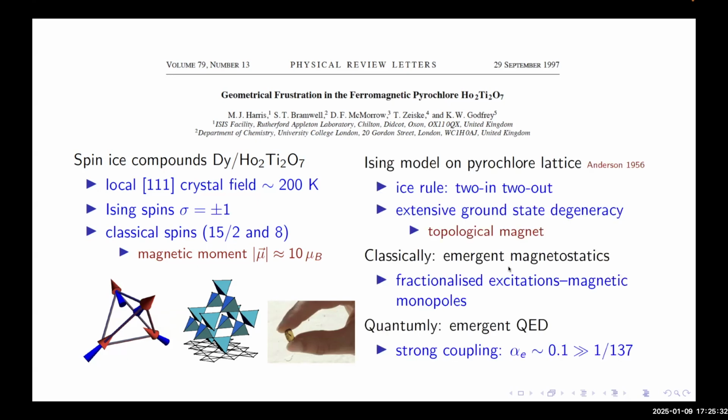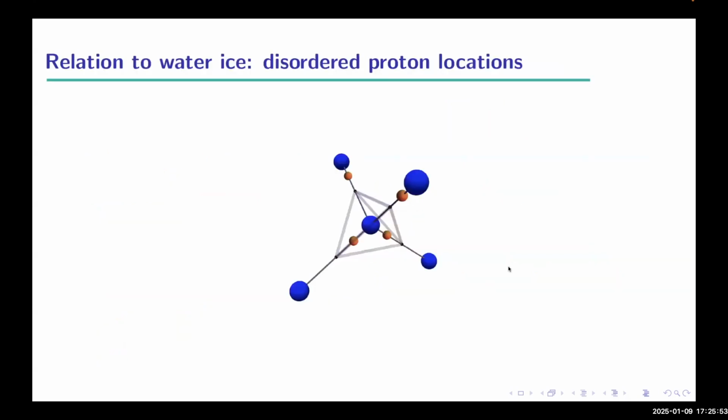And the ice rule mentioned by Alan is that 2 spins point in and 2 spins point out of each tetrahedron. And the description, as I'll show in the next slides, is simple emergent magnetostatics. This is, as I say, the simplest case that I know of an emergent gauge field in condensed matter physics.